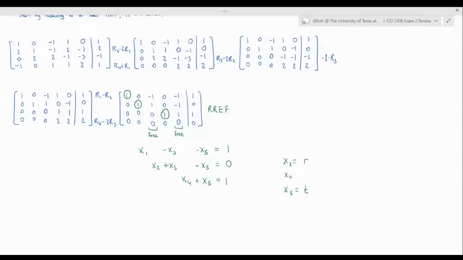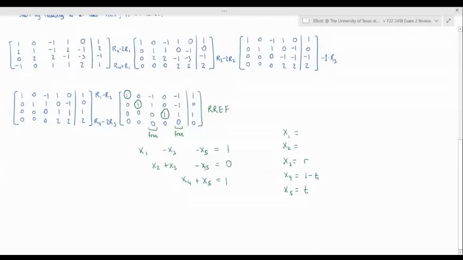So if x5 is T, I can substitute that into this equation. And that's gonna give me x4 is 1 minus T. In this equation, I can substitute x5 is T and x3 is R and solve for x2.